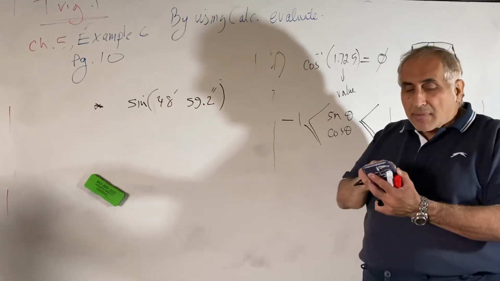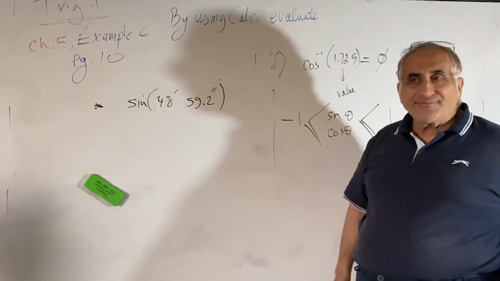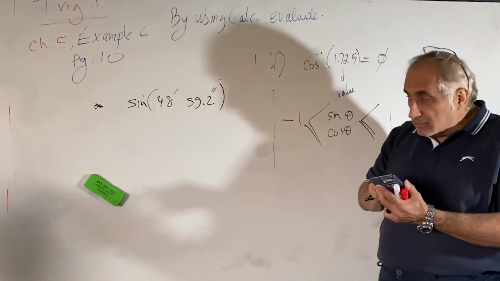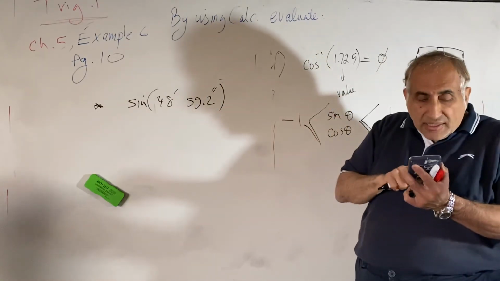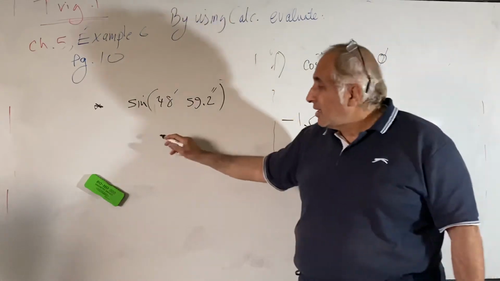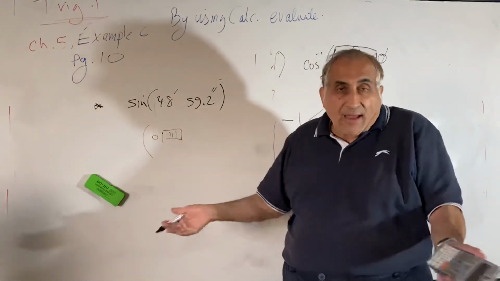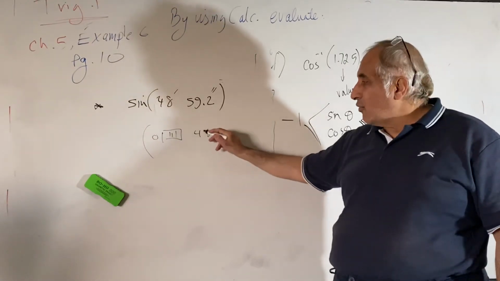Easy. Make sure your calculator is in degree mode, shift mode 3. Let's put sine. So sine of the angle. I don't have a degree here. Okay. I put 0. See? I put 0 and I press this. I have to press it. I have to start with a degree. Then I'm going to put 48.